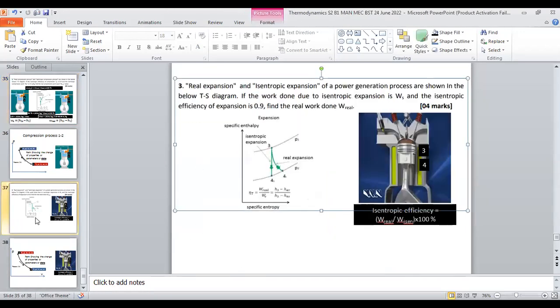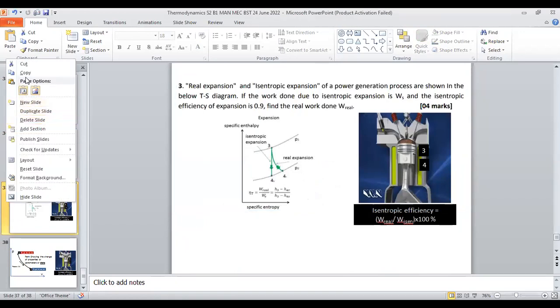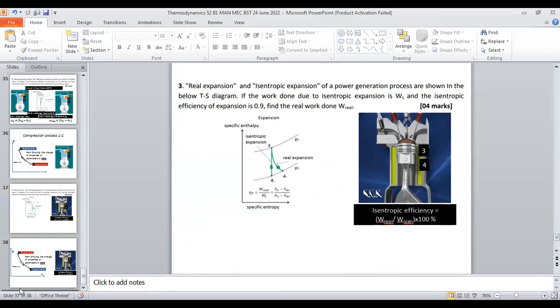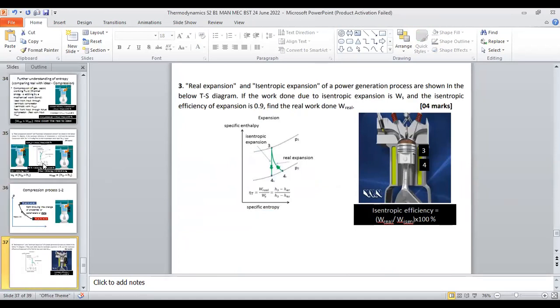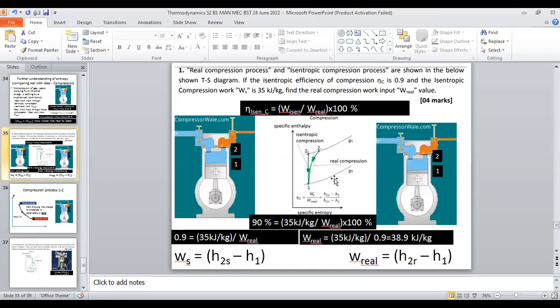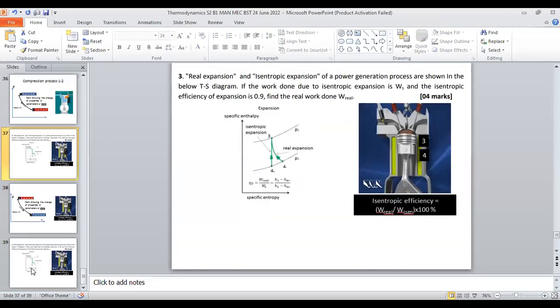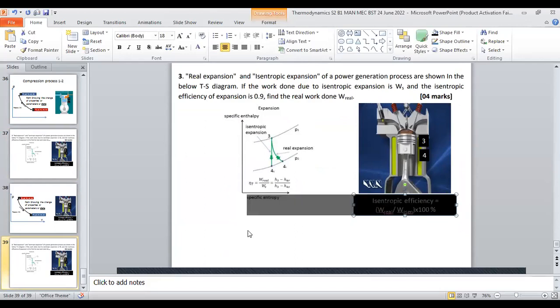I will take this question, take this slide. The same way, you have the isentropic and you have the actual case. So you should know what this is.